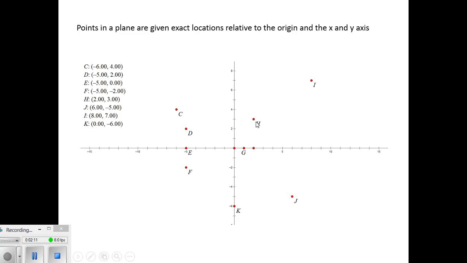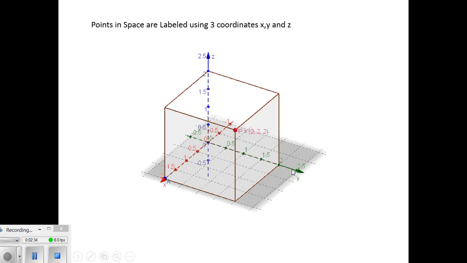For instance, this point H, as we see, is over 2, up 3. Up here, this is quadrant 1, in which x is positive, y is positive. Quadrant 2 over here, negative x, positive y. Quadrant 3, both x and y negative. Over here, quadrant 4, positive x, negative y.